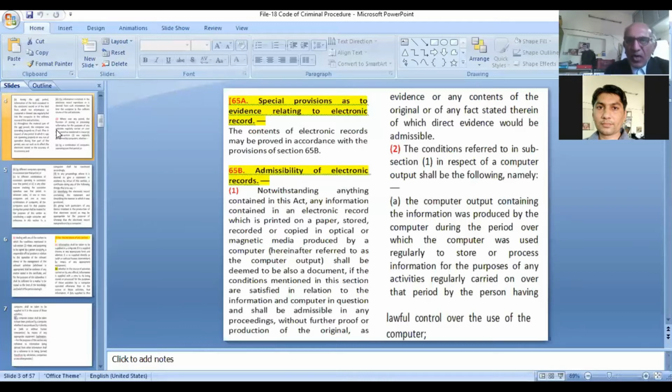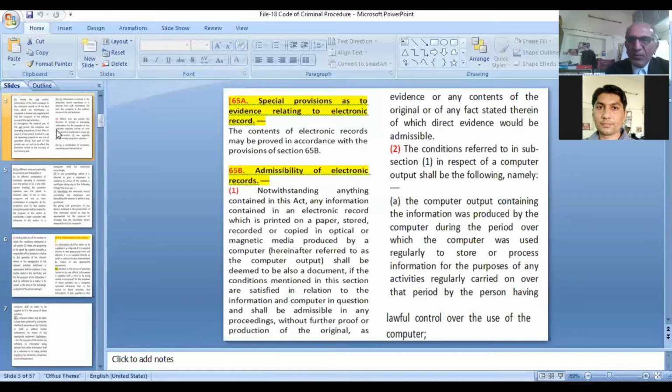So clause 1 is providing us a situation and the methodology and logistics for leading admissible secondary evidence in the form of computer output.